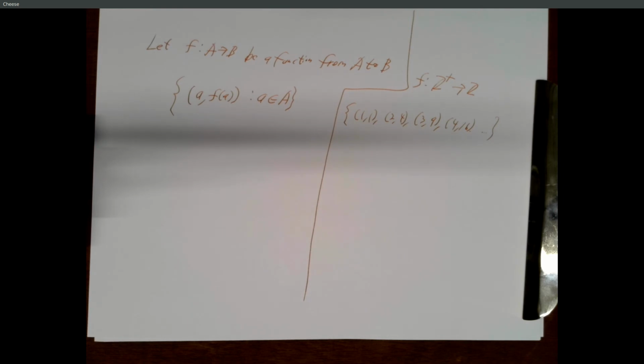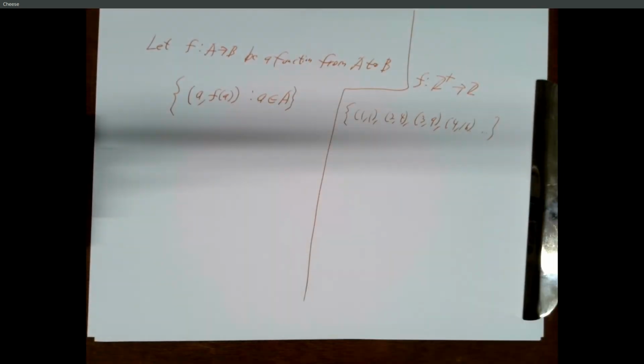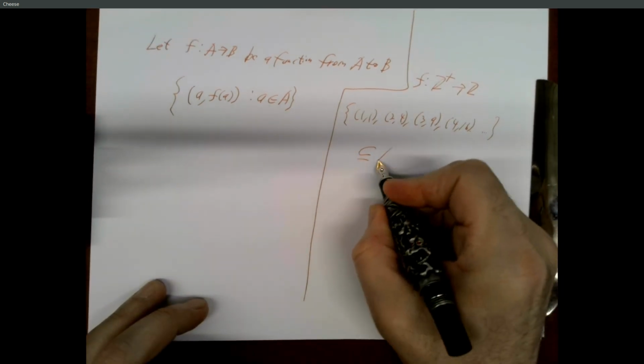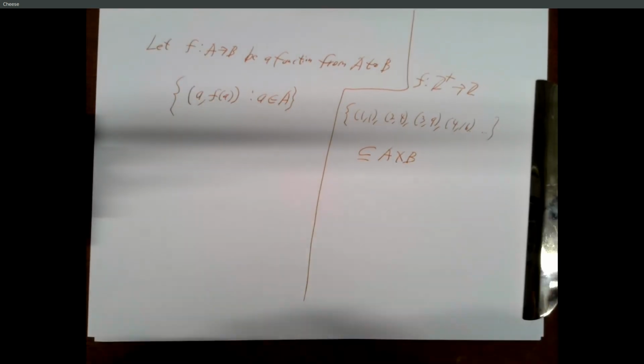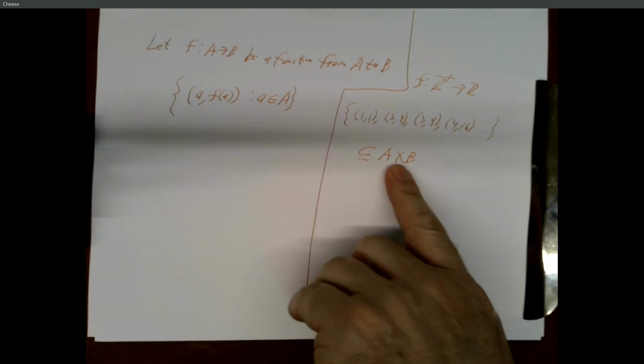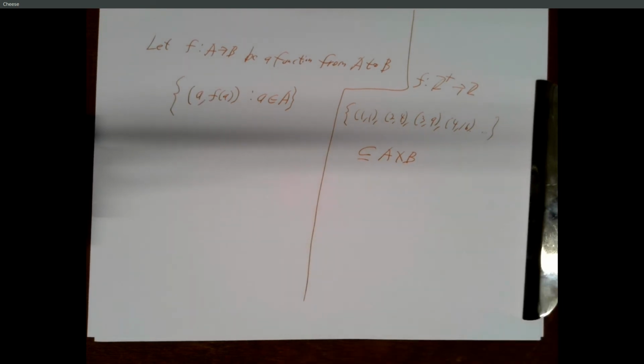Well, this is a collection of tuples where the first element comes from A and the second element comes from B. This is a subset of the Cartesian product of A and B. And every function is a subset of the Cartesian product of A and B. And some subsets of that Cartesian product are functions.